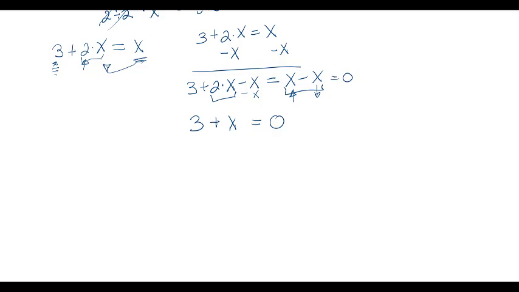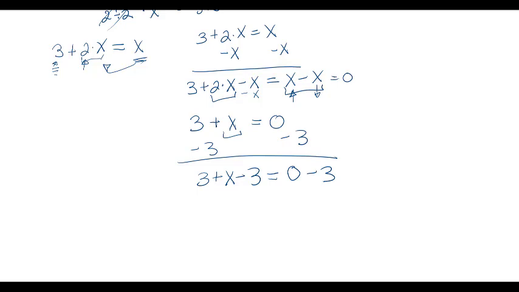Our second step now will be to really isolate x by subtracting 3 from both sides. Okay, so we have 3 plus x minus 3 equals 0 minus 3, right? Although it's 0, we still have to use the operation on both sides of the equality.